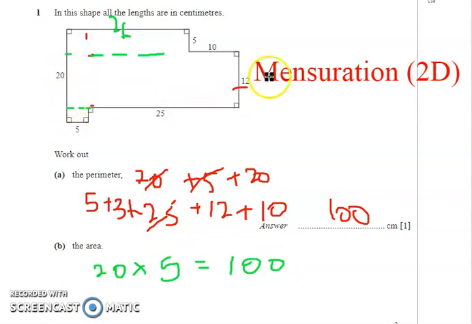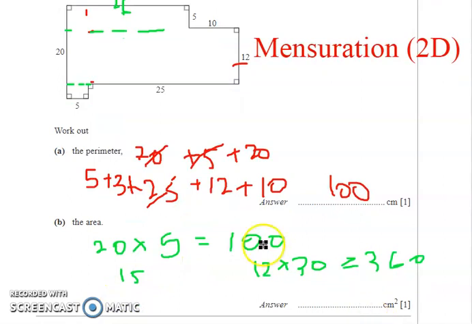This part on the other hand, that is 12 multiplied by 30, that is 360. And this small part is 5 and this was 3. 5 3s are 15. So we will eventually add all these. So 360, 460, 475. This is the area.